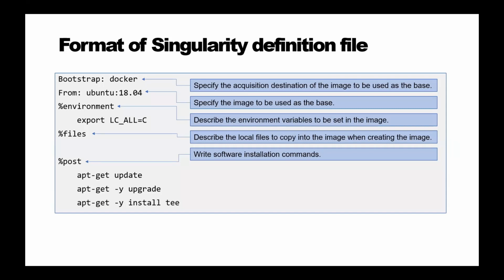This is a definition file that acts as a blueprint for building a Singularity image file. Using the image written in From as a base, execute the commands written in the %post section in sequence to build a Singularity image. This is a definition file for building a tree command image from the Ubuntu 18.04 image of the Docker Hub.